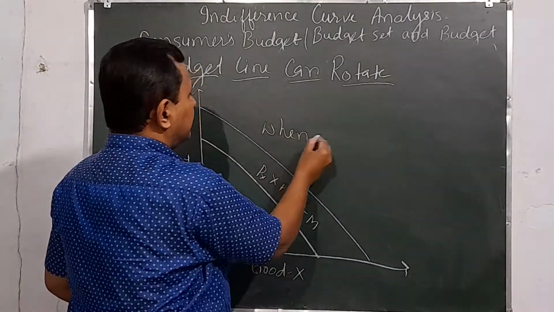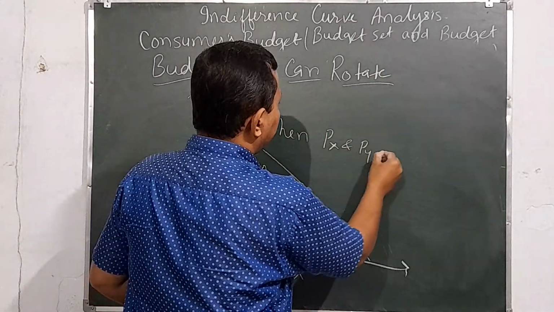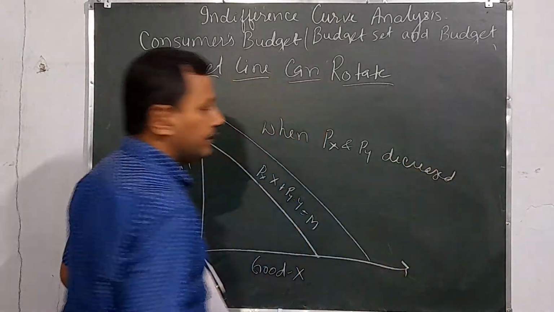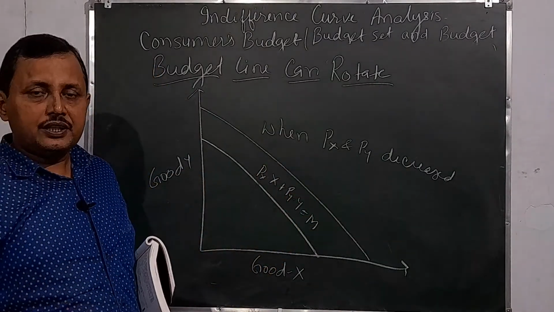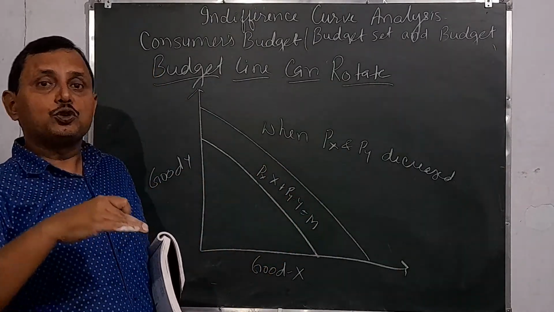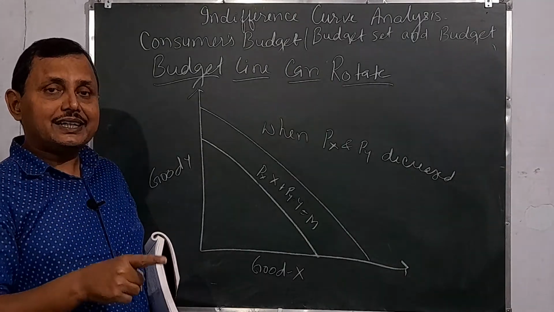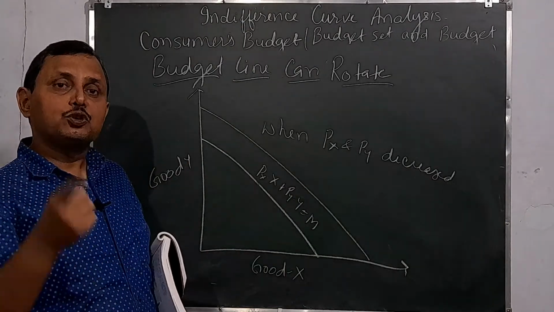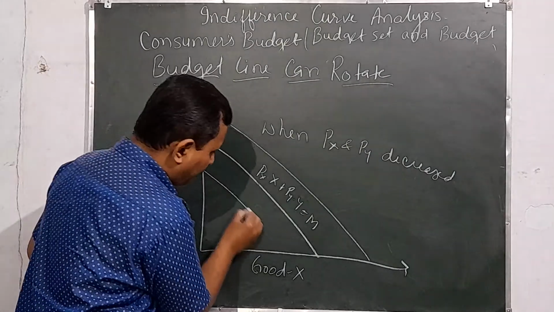So this is the condition when Px and Py are decreased. Another situation, if Px and Py both are increased. If the prices of good X and good Y both are increased and the budget of the consumer remains constant, in that case the consumer will be able to purchase only less quantity of good X and good Y. So in that case the budget line will shift downwards.